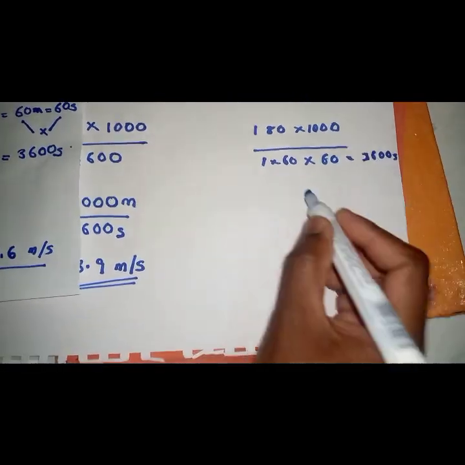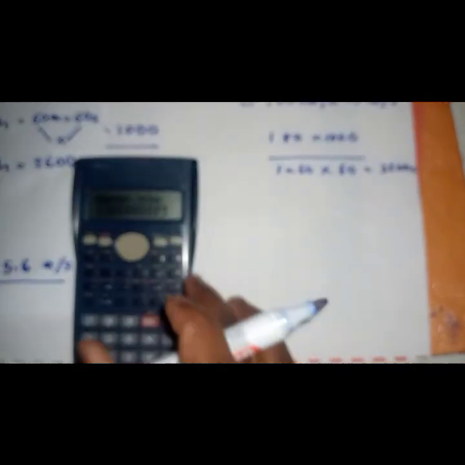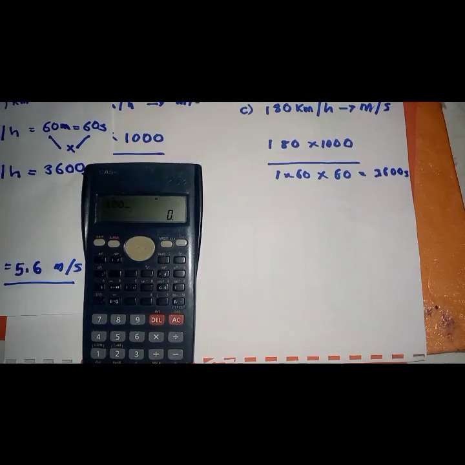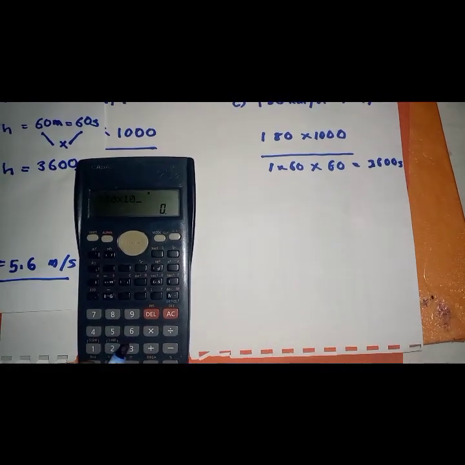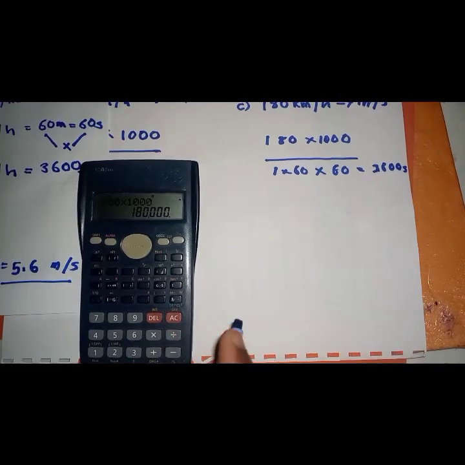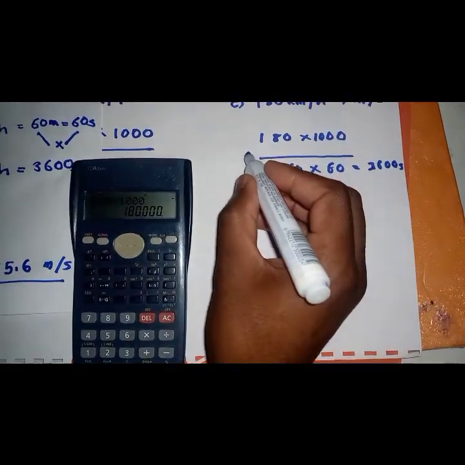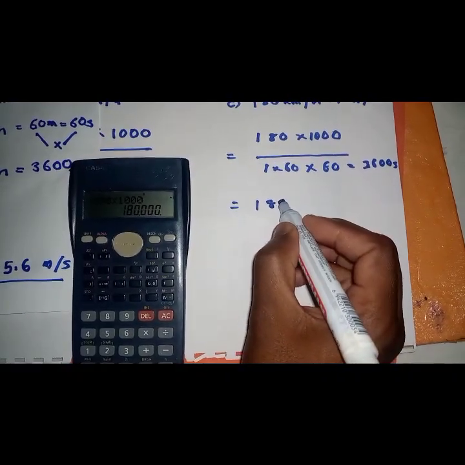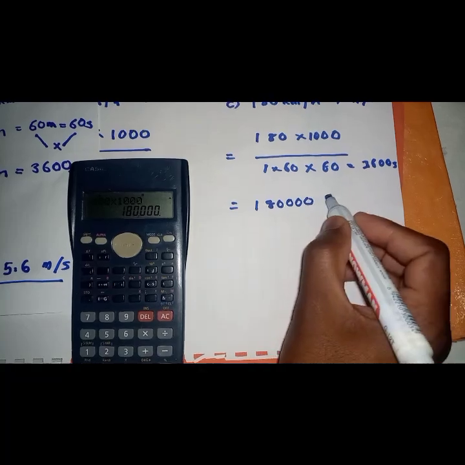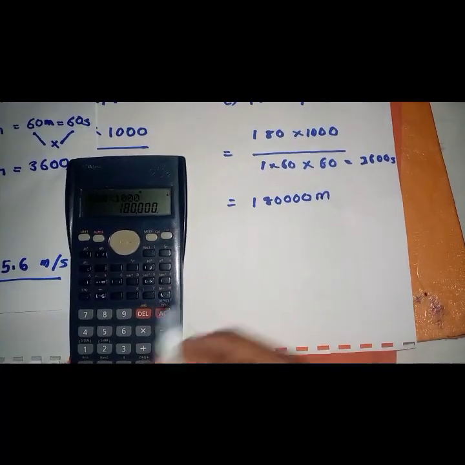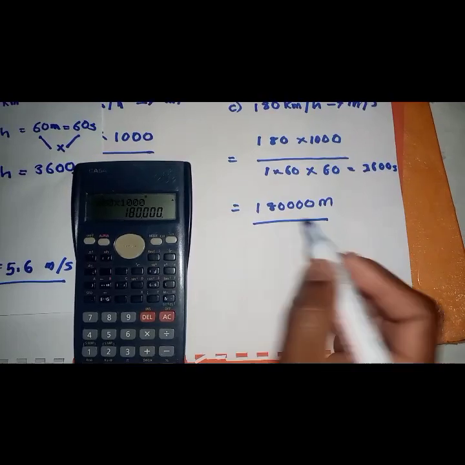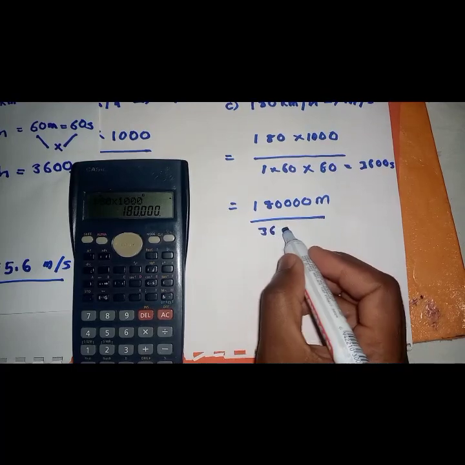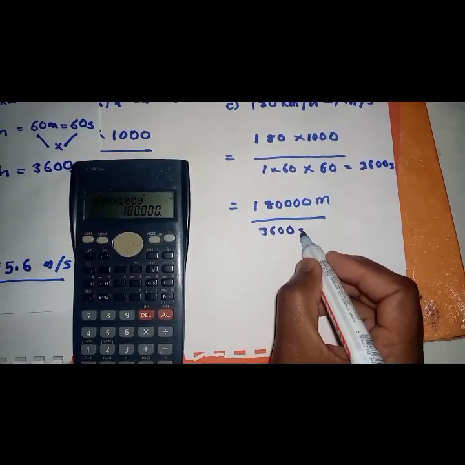So if we are using our calculator again, just for us to be sure, we're going to say 180 multiplied by 1,000. What we are going to have is 180,000. These are now meters converted, divided by the number of seconds in 1 hour, which is 3,600 seconds.